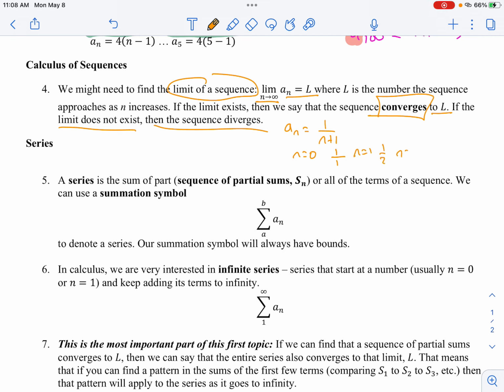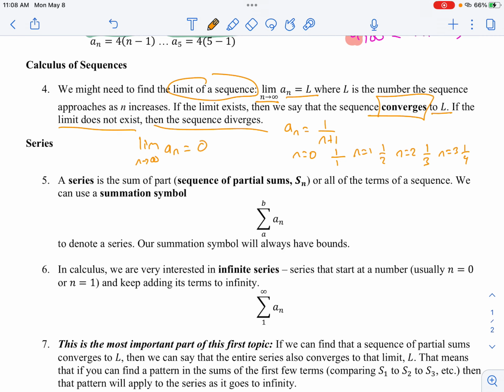Then n equals 2 would be 1 over 3. n equals 3 would be 1 over 4. And so as we go, we're getting closer and closer to 0: 1 over a million, 1 over a billion, 1 over a trillion. And so in this case, the limit as n approaches infinity of a sub n is actually 0.